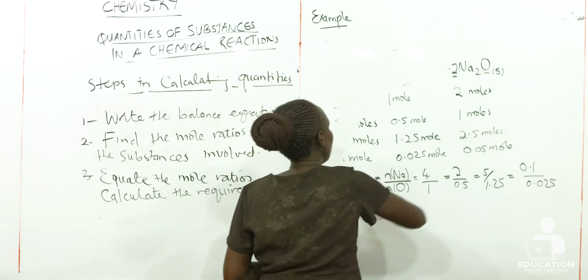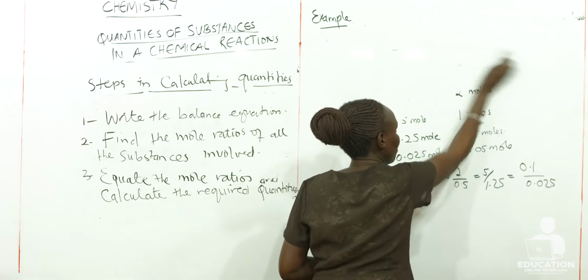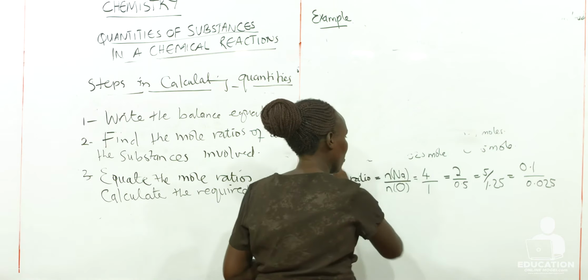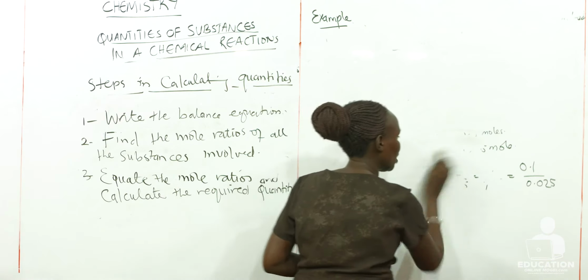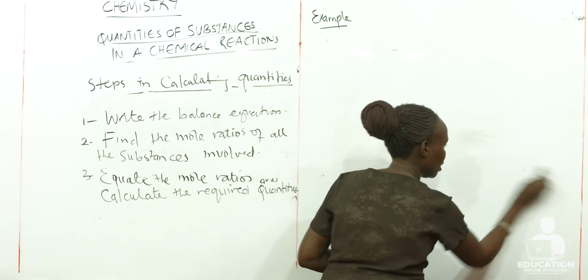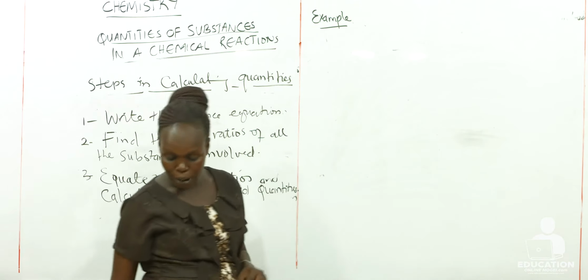For example, you will be given a chemical reaction and then you calculate the number of moles, and it is usually represented at standard temperature and pressure.